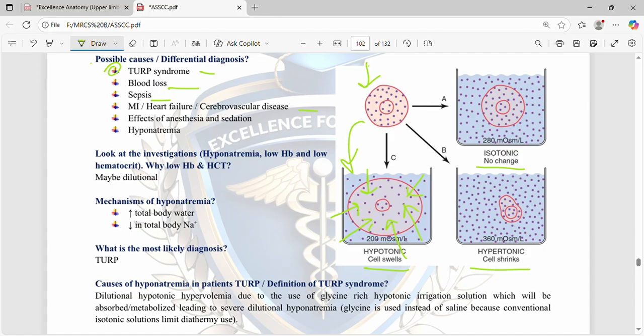In an isotonic solution, there will be no change, like a constant or balanced environment. And if the solution is hypertonic, it will squeeze the water out of the cells.